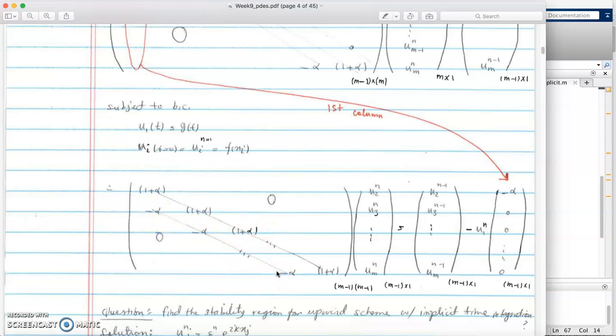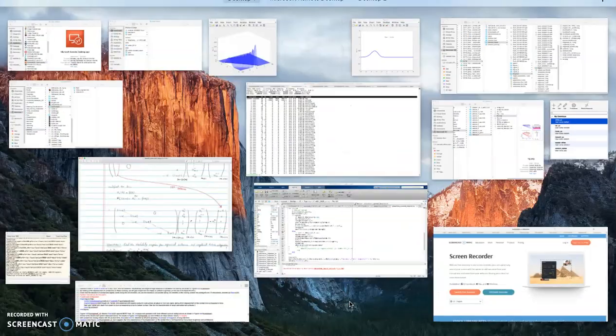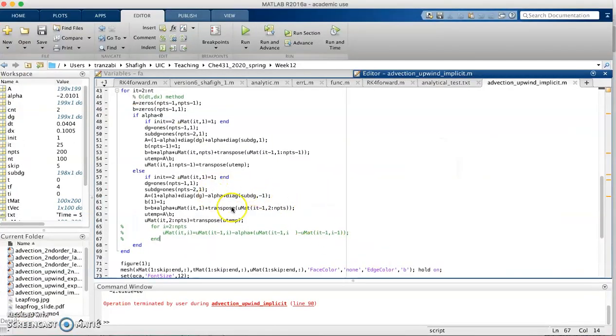The way to do this is you call the diag function with a shift of minus 1, which means you shift the diagonal 1 toward the lower diagonal, the subdiagonal, and then you put minus alpha along that. And that's what this second piece in this line does. Alright, so I'm going to multiply that subdiagonal by minus alpha. So now I have 1 plus alpha along the diagonal and minus alpha along the subdiagonal.